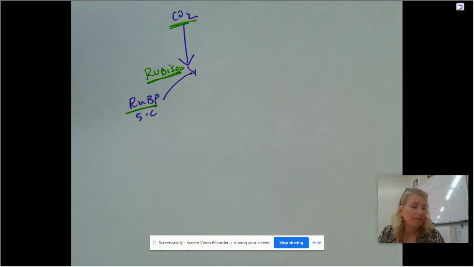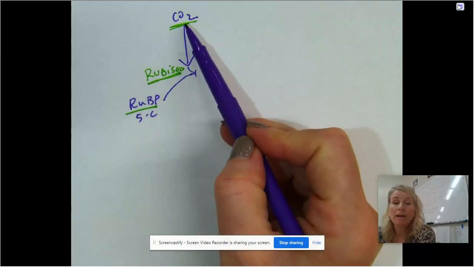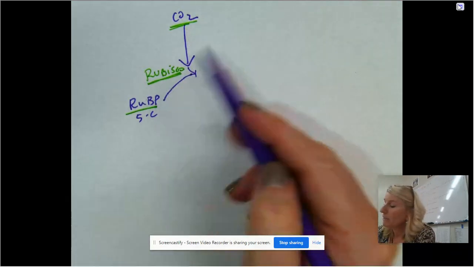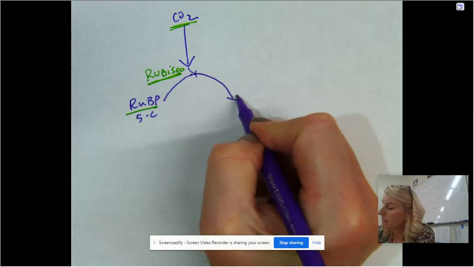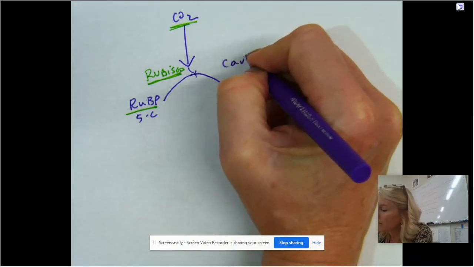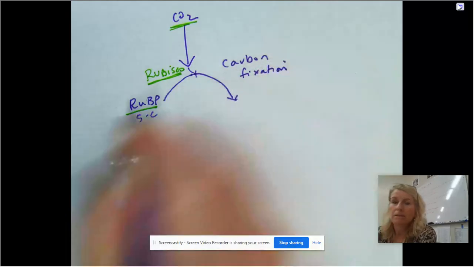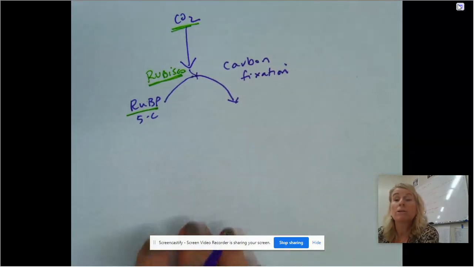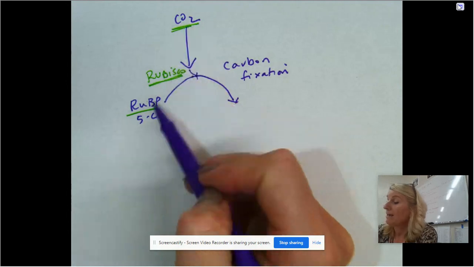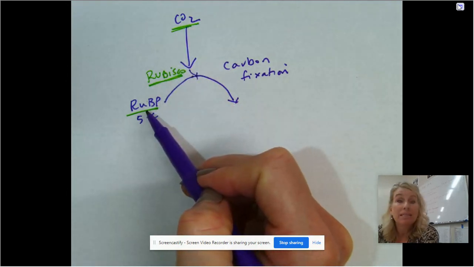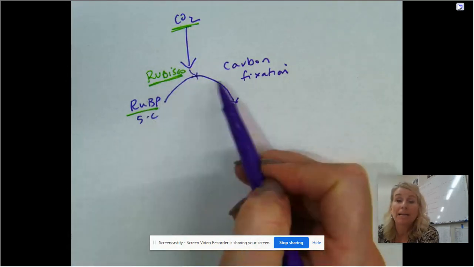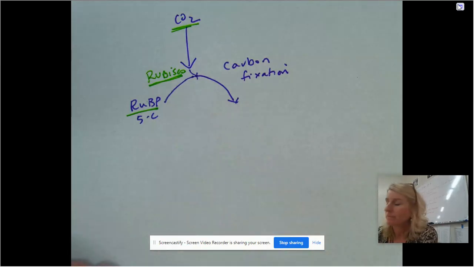If I have underlined it in green, you need to know it. When this happens, when we join the carbon dioxide to RuBP, that's called carbon fixation. Okay, we have fixed a molecule of atmospheric carbon dioxide and we have attached it to a pre-existing organic molecule in the plant. That's carbon fixation.